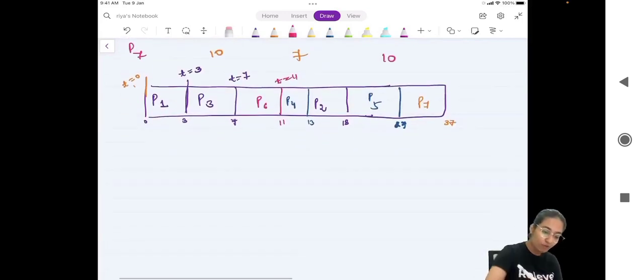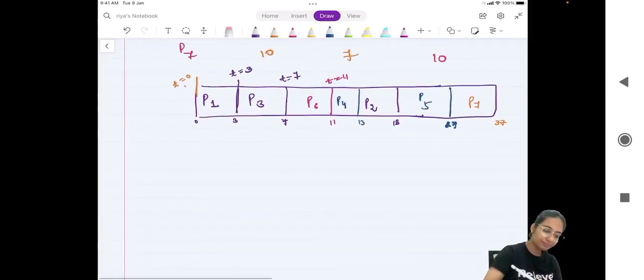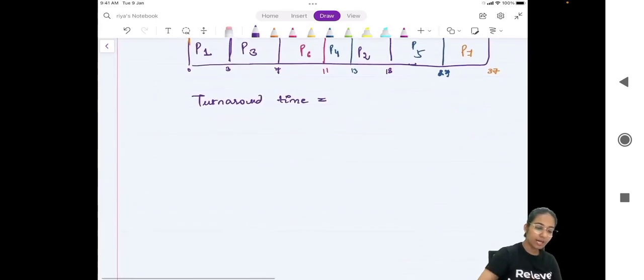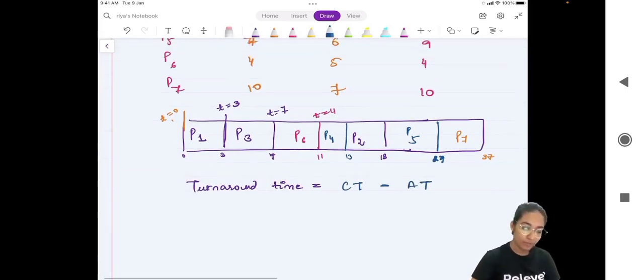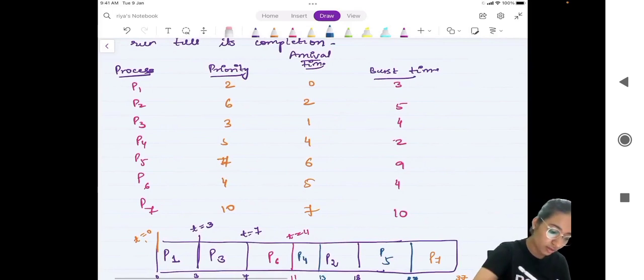Okay, and what formulas did we discuss? We discussed turnaround time, which is nothing but completion time minus the arrival time. Okay, so first of all, let's mention the completion time for every process.